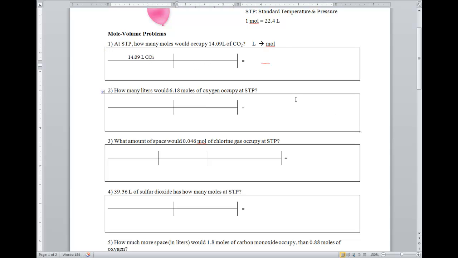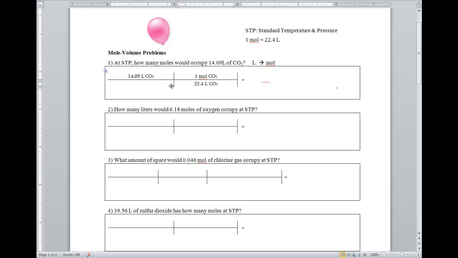Since it is at STP, we know that we can make a relationship between liters and moles. What is that relationship? Because we have liters here, we want to get rid of liters, so we'll put that diagonally here. We want to convert to moles of CO2, so that goes up top here. What is the relationship? Well, 1 mole is equal to 22.4 liters.